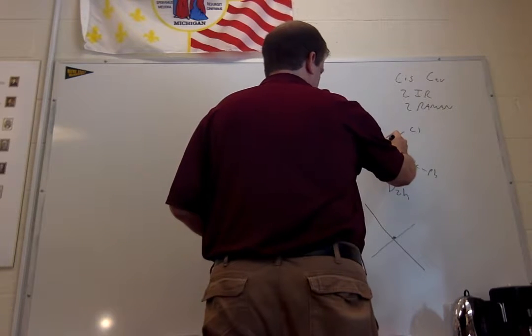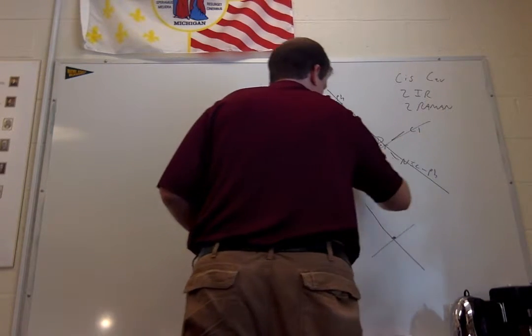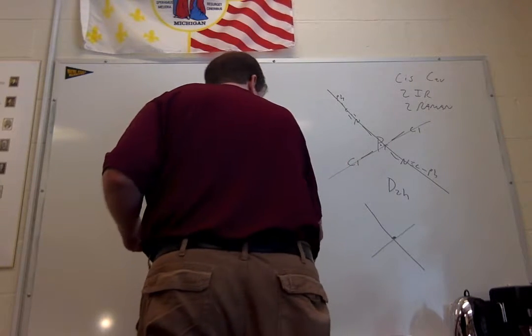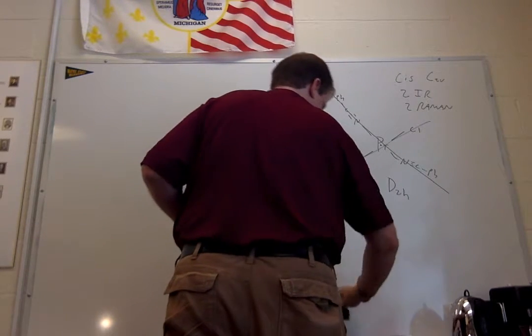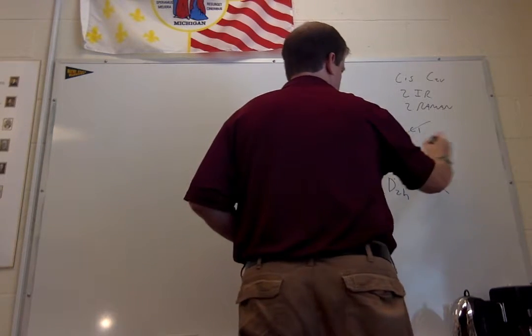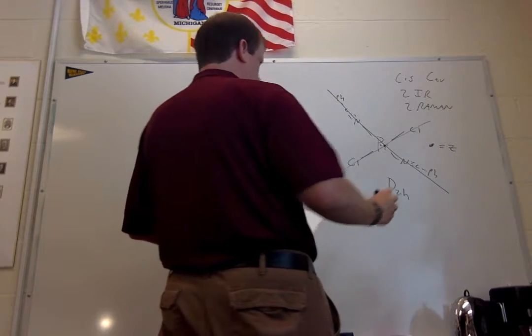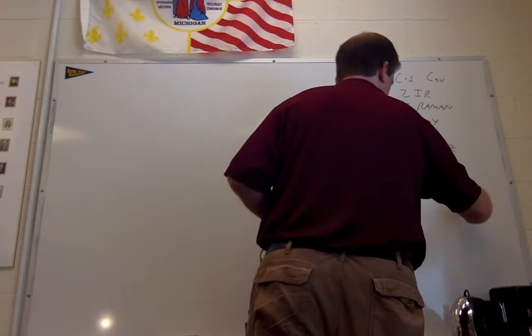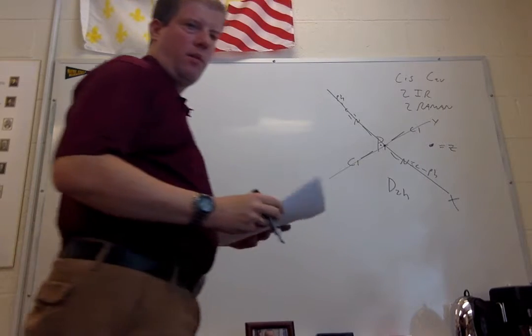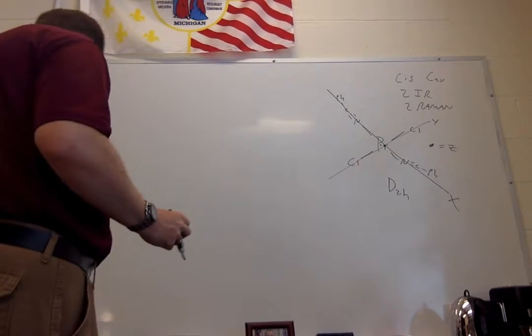In fact, why don't I just draw it right on the molecule itself? Where here, at the center, is the z-axis, and I'll call this one the y-axis, and that one the x-axis. And you can do it in reverse if you like, just making sure that the z-axis is the vertical one.